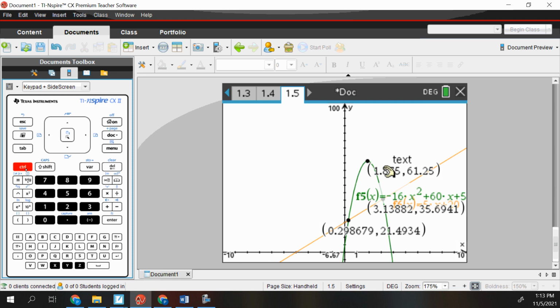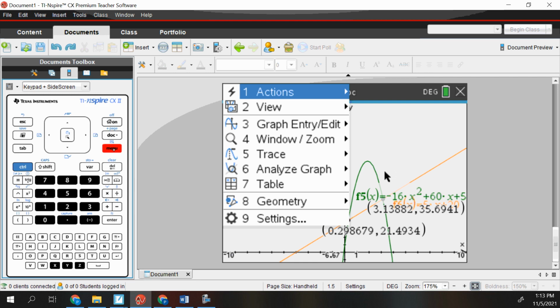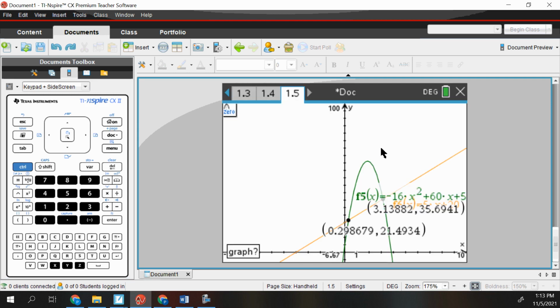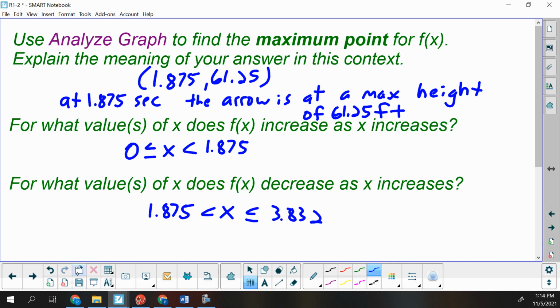So we'll want to do menu, analyze graph, and zero this time. Select the graph we want, the parabola. Select something left of the zero and right of the zero, and it tells us what the zero is, that 3.832 to 3 decimal places. So that's where that number is coming from.